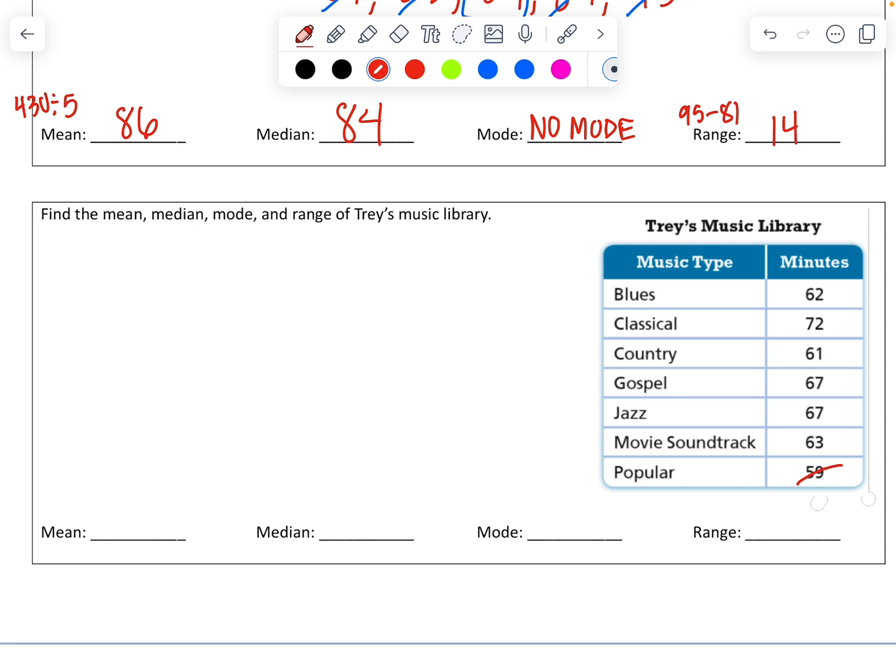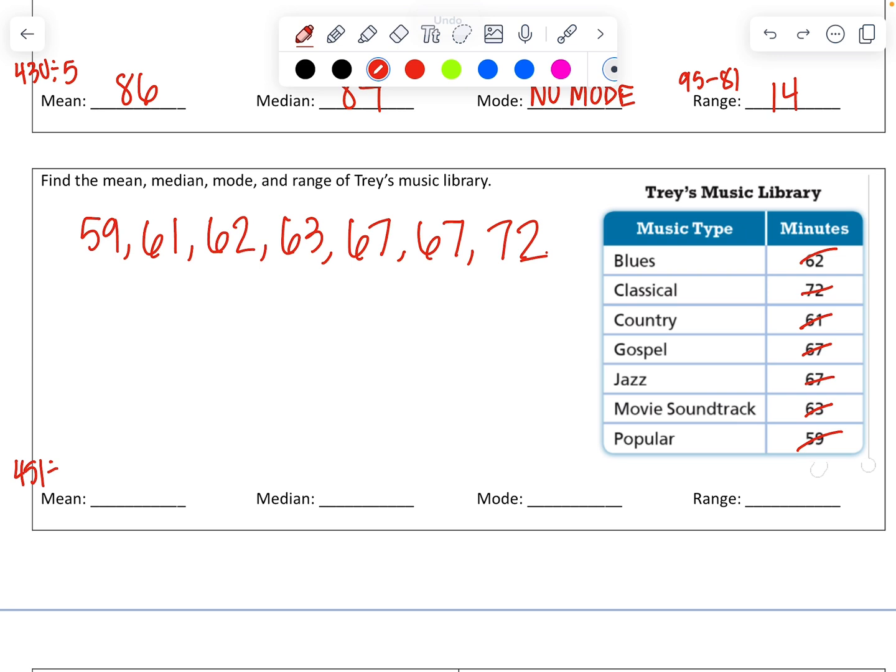So 59 plus 61 plus 62 plus 63 plus 67 plus 67 plus 72, and we get 451, and we're going to divide by 7 since there's 7 numbers. It is a decimal, so I'm just going to round it, and we're going to get 64 and 4/10.